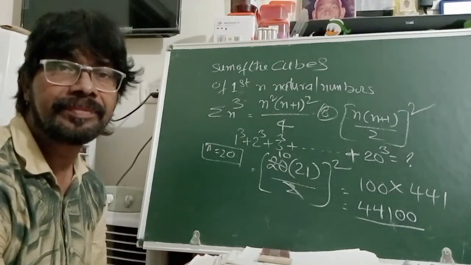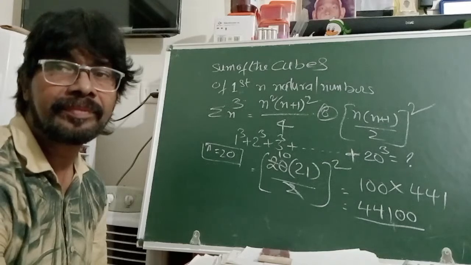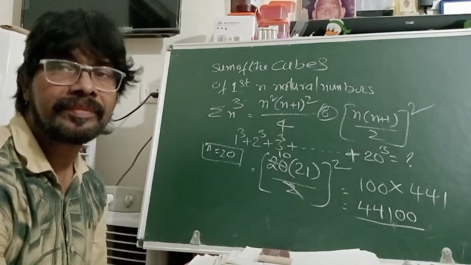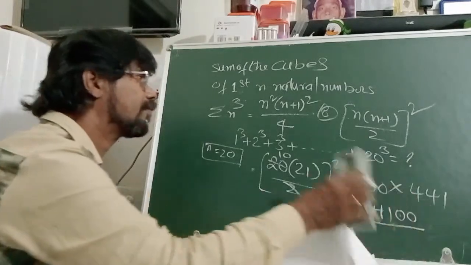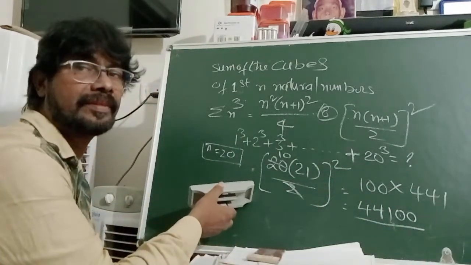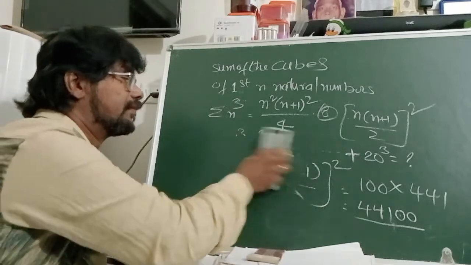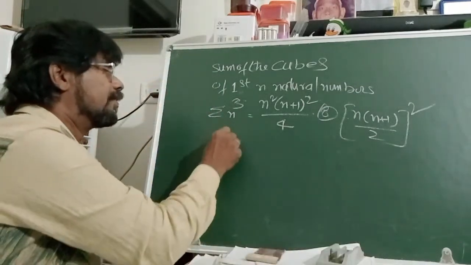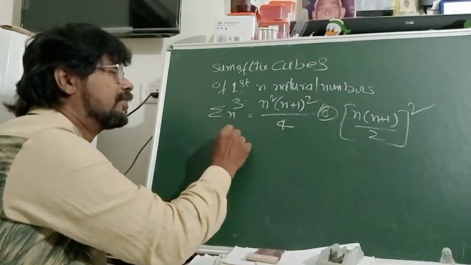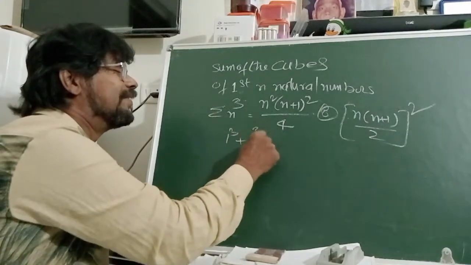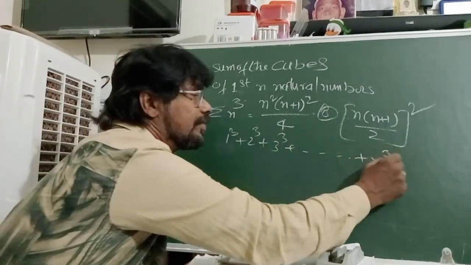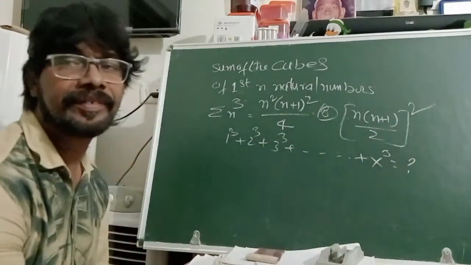Understand? Okay. Suppose 1 cube, 2 cube, 3 cube, up to x cube is equal to how much?